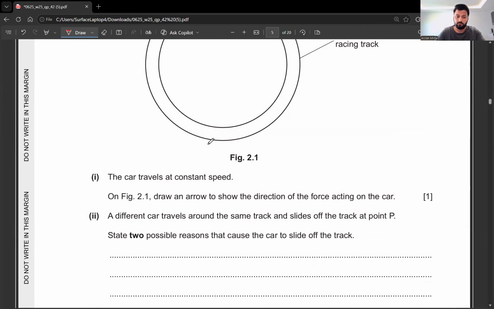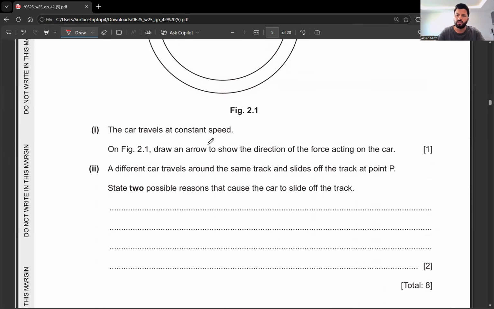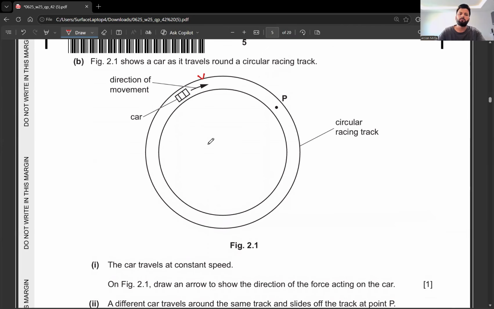So speed is constant. On figure 2.1, draw an arrow to show the direction of force. Whenever an object moves on a circular track, there is a force which always acts towards the center of the circle, that is called centripetal force. So you will draw the arrow towards the center of the circle.